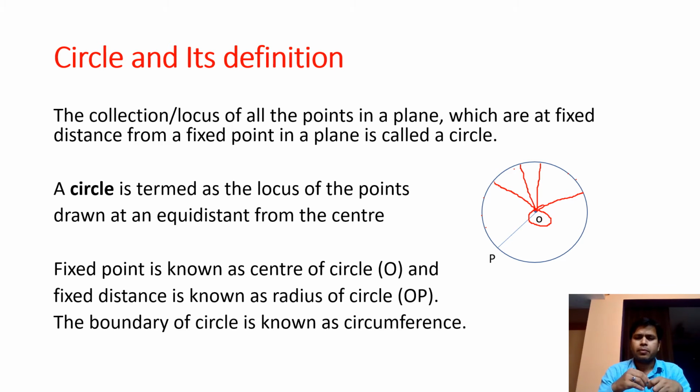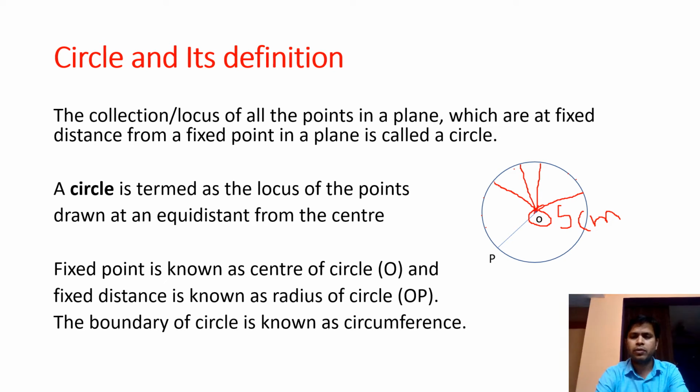It is very simple, but for a particular point and a particular distance, if you take this point O and we take 5 centimeters distance from this point, then the circle will be formed. Only one circle will be formed which has the center at O and the radius of 5 centimeters.